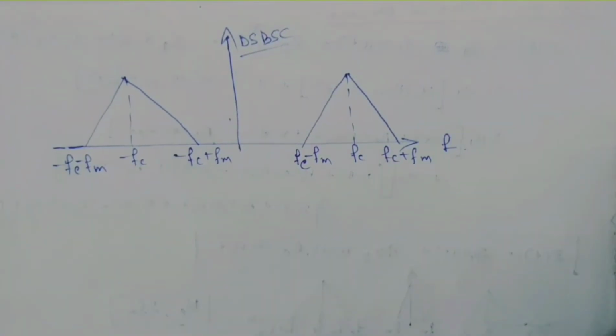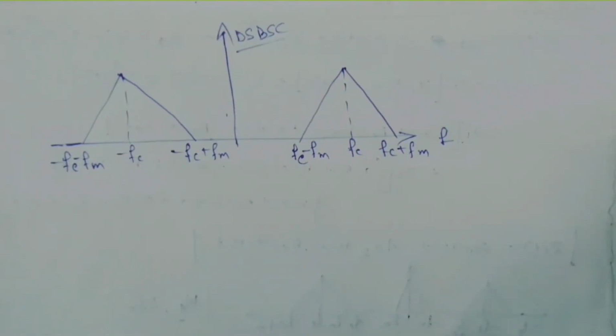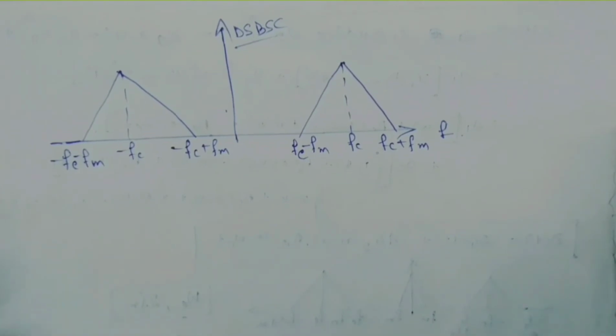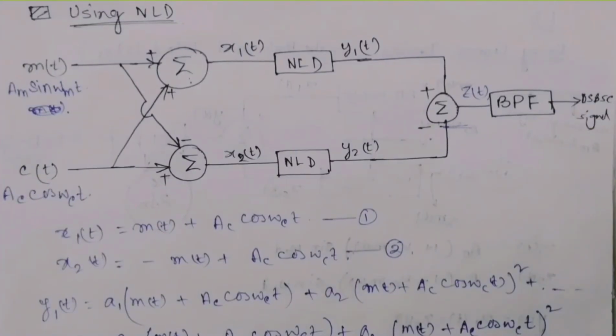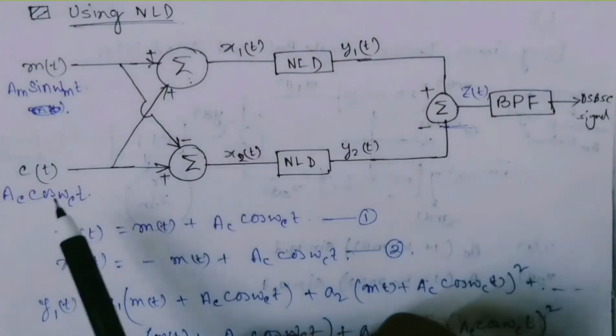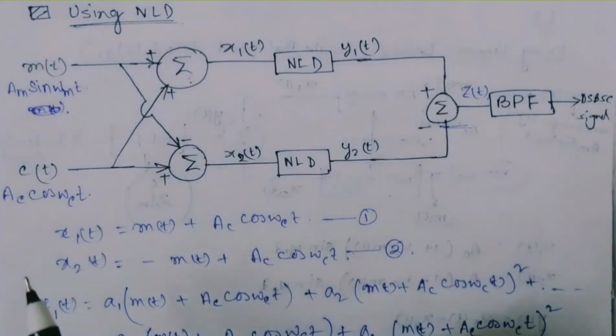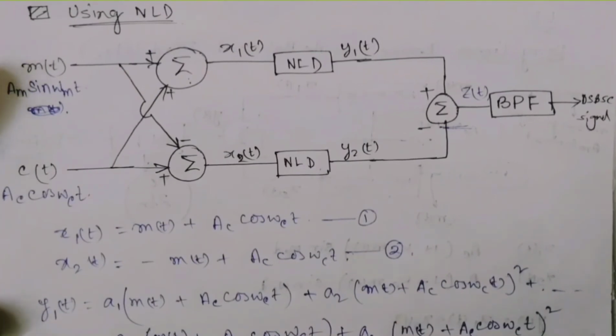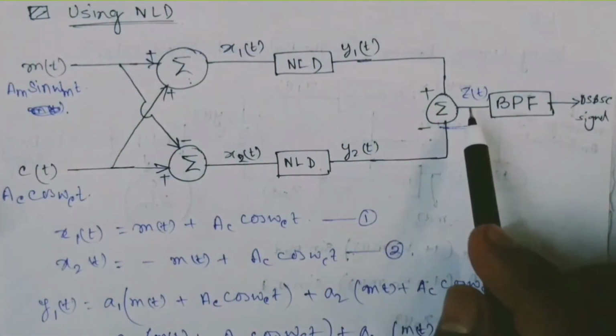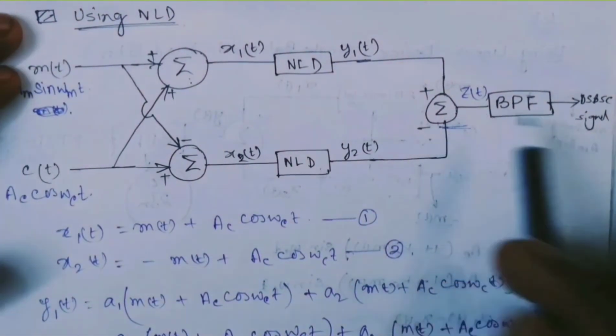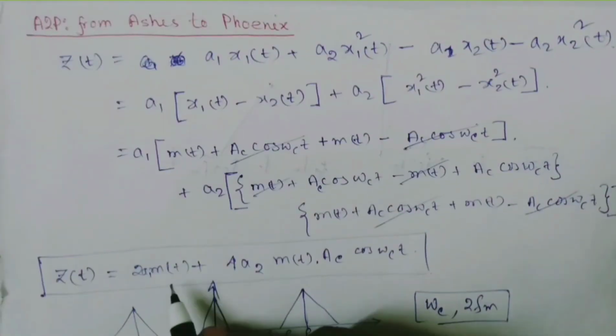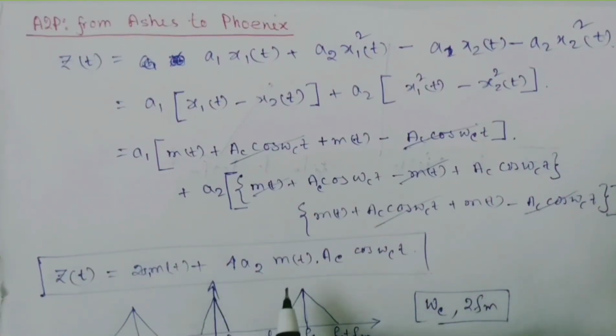Now going back to the question, why is this process called a balanced modulator, or rather a single balanced modulator? The answer is, in this setup the inputs are m(t) and c(t), that is the message signal and the carrier signal, but the output of this setup, that is z(t), contains the message signal and a product signal of message signal and carrier signal.